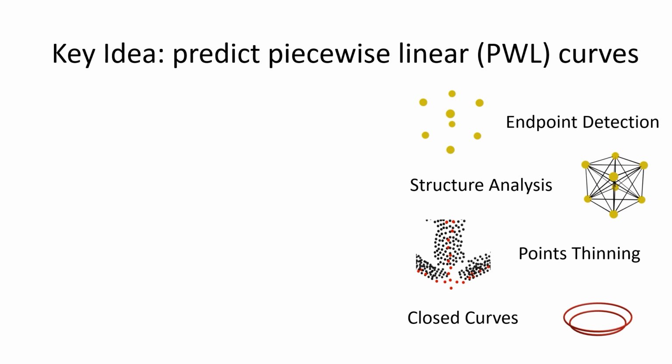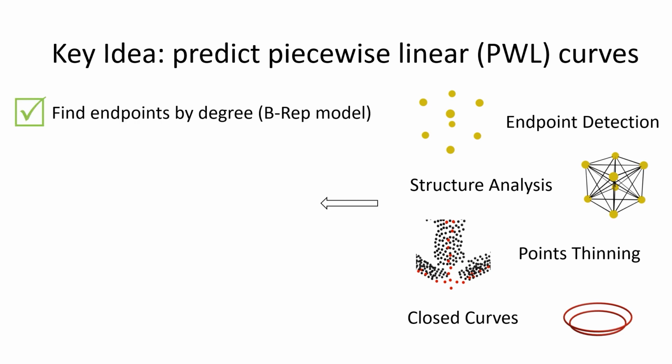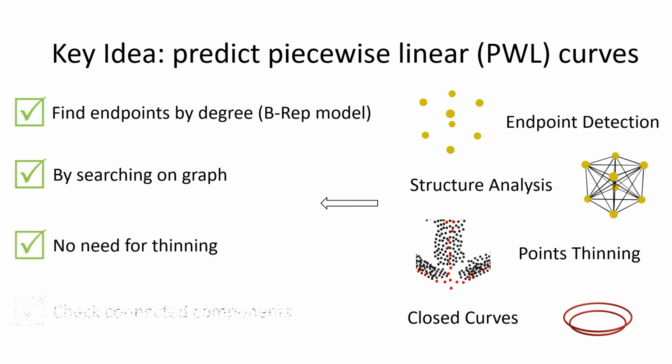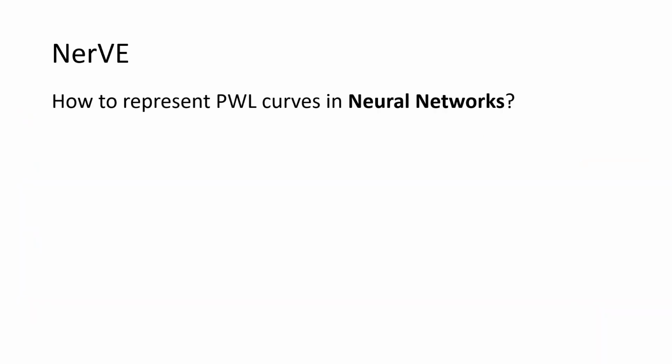The PWL curves can be regarded as a graph, which enables us to simplify these steps as operations on the graph. Endpoints can be found by degree, specifically, vertices with a degree larger than 2 are endpoints due to the BREP model constraint. Then connectivity between endpoints can be discovered by graph searching. No need for thinning. For closed curves, we only need to check all connected components.